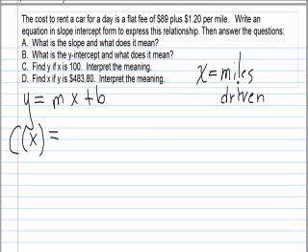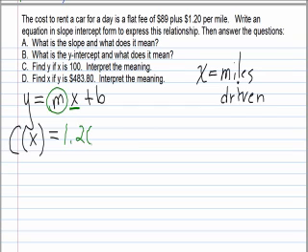What is the variable part or the slope or the changing part that we're given? For every x mile, we have to pay $1.20 times that number of miles. So there's your 1.20x. That's the slope of your line. And what is the flat or fixed amount?